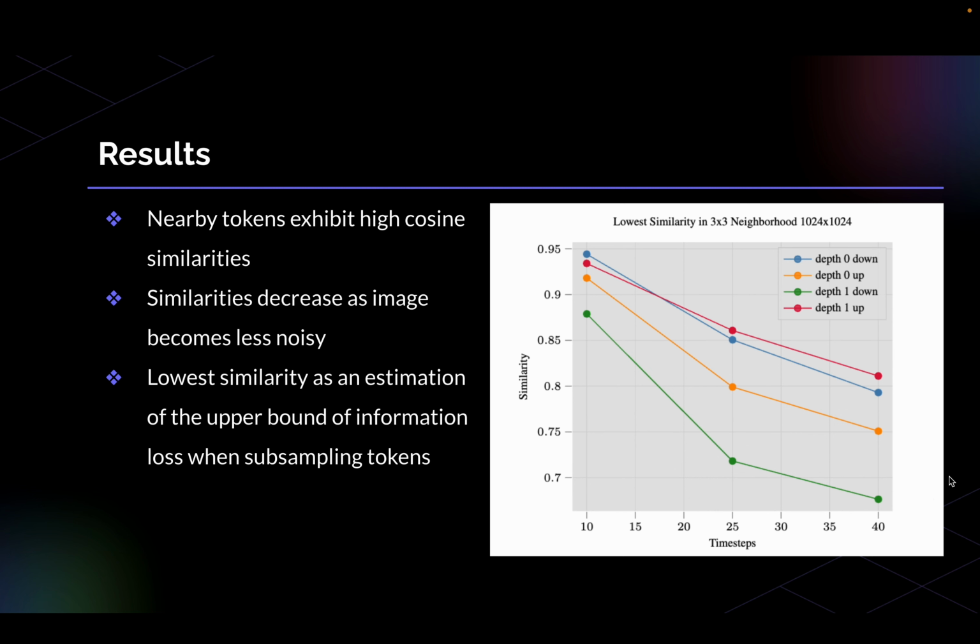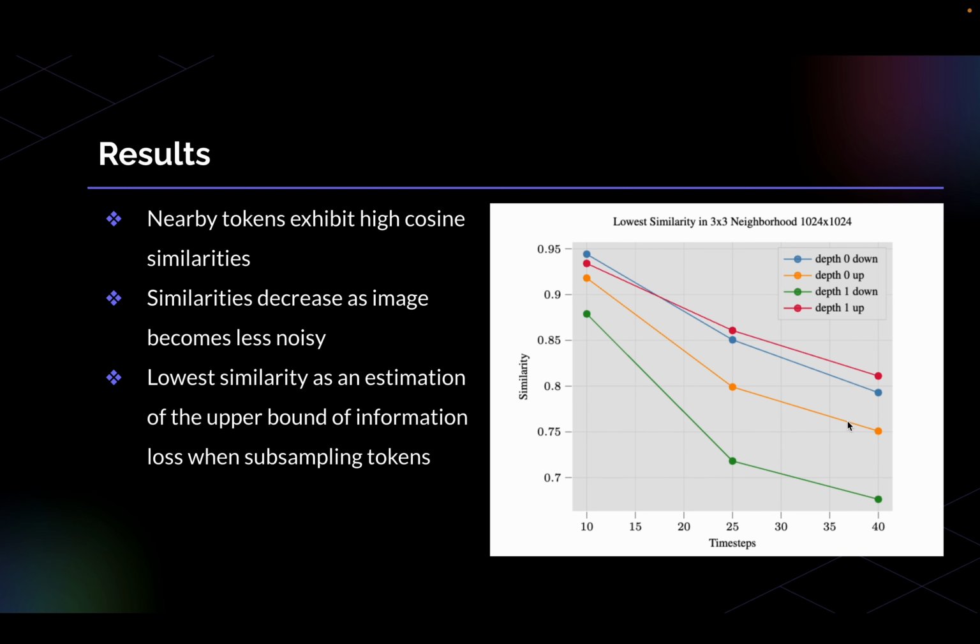We also investigate the features within the UNet to explore our hypothesis that nearby tokens exhibit informational redundancy. To look into this, we check the normalized cosine similarities between surrounding tokens in a 3x3 neighborhood, specifically here at 1024 by 1024.